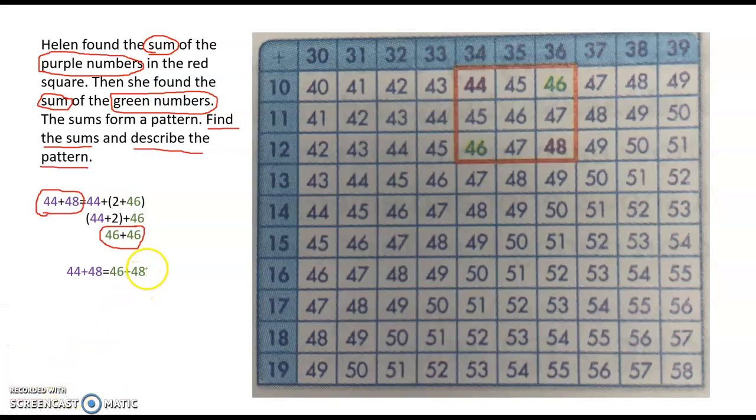And that is supposed to be a 6. These numbers have the same sum, so we have a pattern.